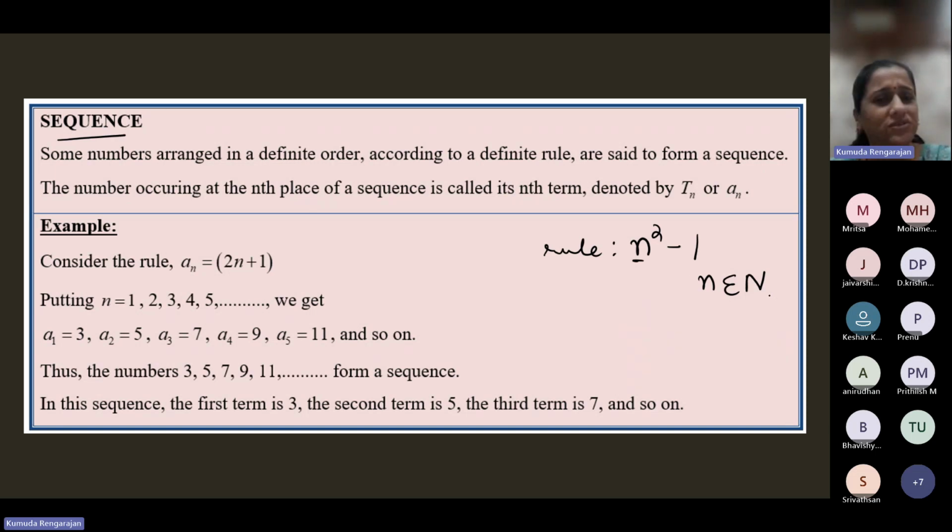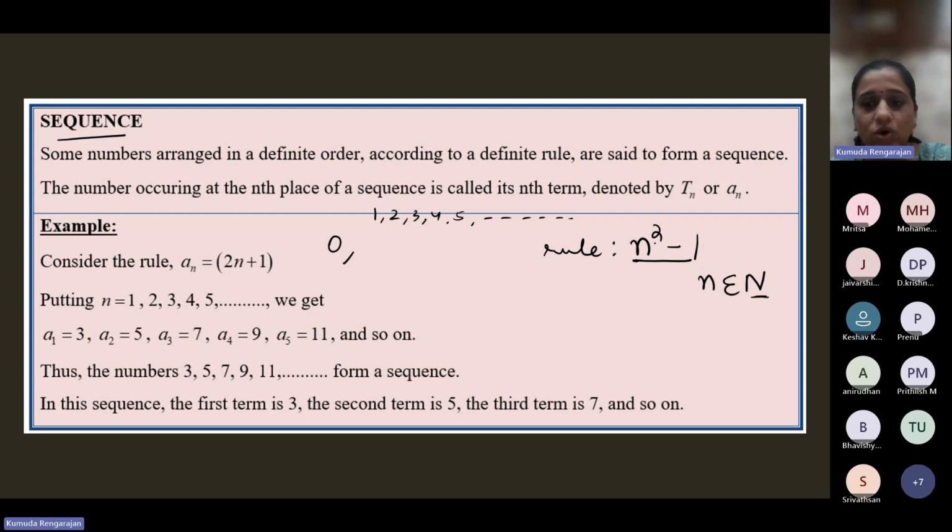You can say whole numbers or integers, but here we say n belongs to natural numbers. Now using this rule, let's generate the numbers in the sequence. Because n belongs to natural numbers, 1, 2, 3, 4, 5, and so on. In n square minus 1, when n is equal to 1, 1 square minus 1 is 0.